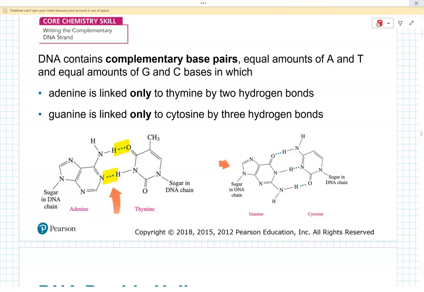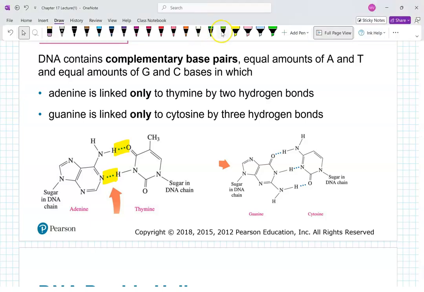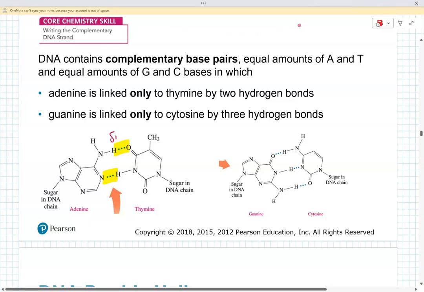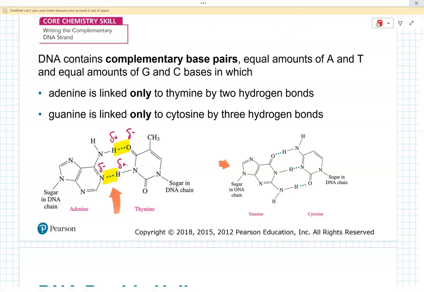Because there is slightly positive hydrogen and slightly negative oxygen. Remember, oxygen is very electronegative, so it pulls the electron density to itself. Here, slightly negative nitrogen, slightly positive hydrogen. So we have hydrogen bonds. Am I making sense?